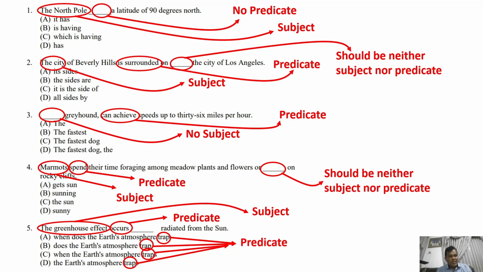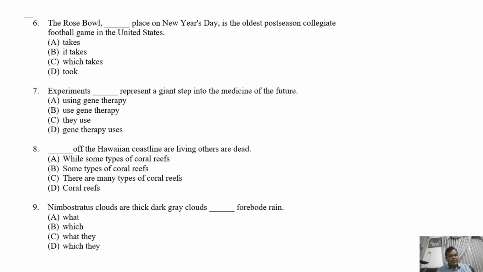If the sentence has more than one subject, more than one predicate, we need a conjunction. Now, let's go on to the other questions, and you see that the answer should contain a conjunction. Okay, and the answer goes to C.